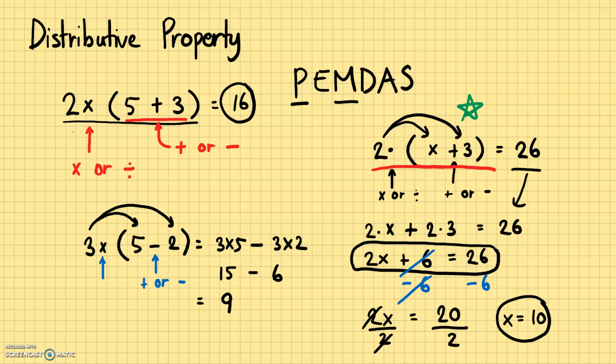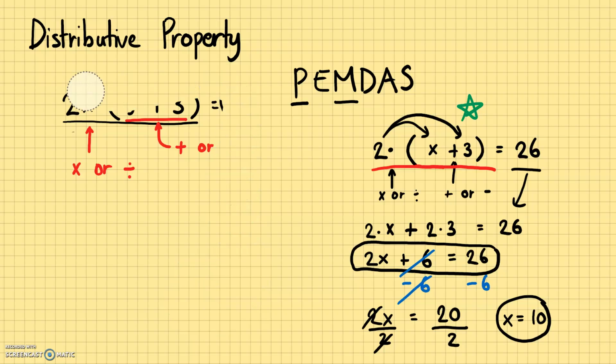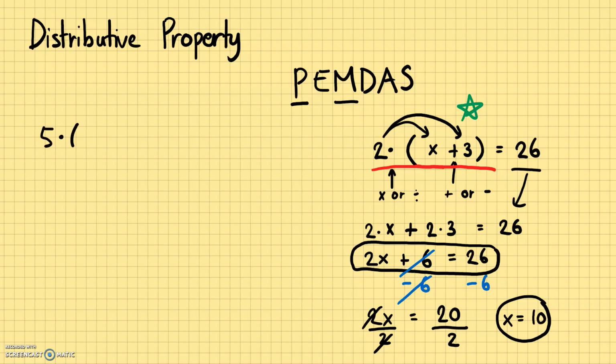Okay, so to familiarize ourselves with the distributive property, let's do a few problems. 5 times something plus something gives us 10 plus 15. And what should go inside these blanks here?